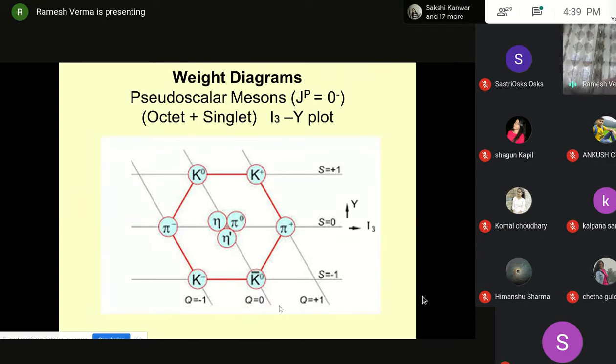So in some books you may find the SU3 group is said to have three SU2 groups: one is the SU2 isospin group, another is the SU2 U-spin group, and the third is the SU2 V-spin group.